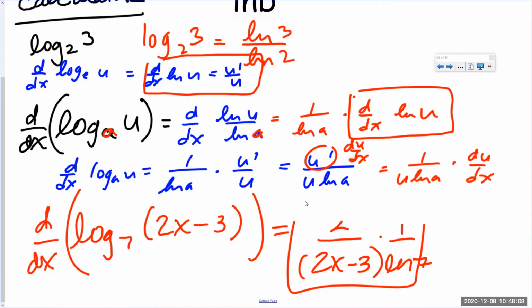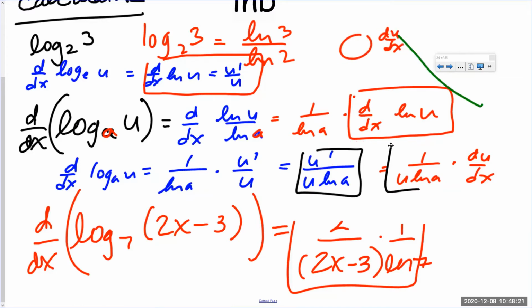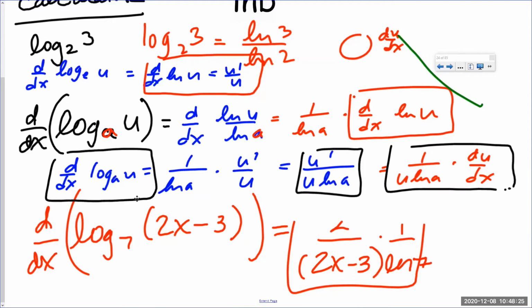So you're going to see this most often, just FYI, in this format here or in this format here, okay? So go ahead and fill out your box there in the middle if you haven't already. This is what the derivative of log A of U is. It's these two things, either or. Sometimes one is easier than the other. Okay, we're looking at page 4 in your notes. Fill in that box.